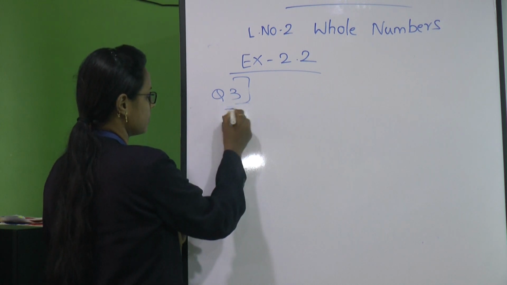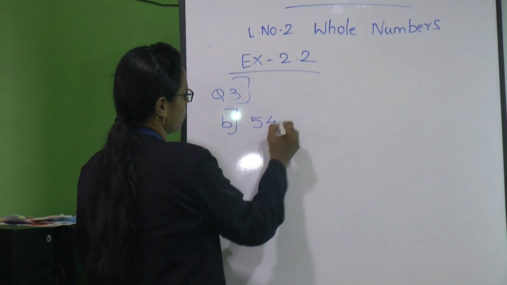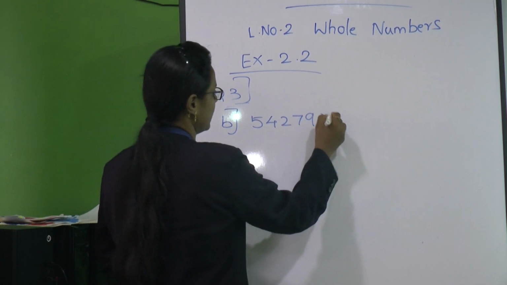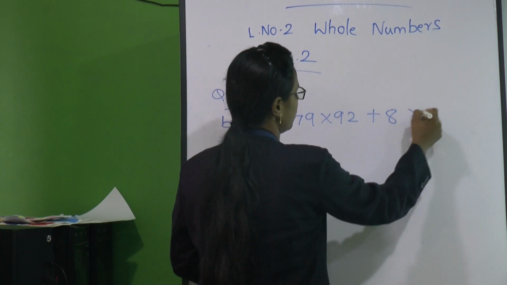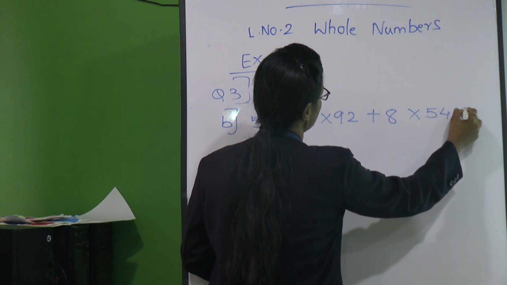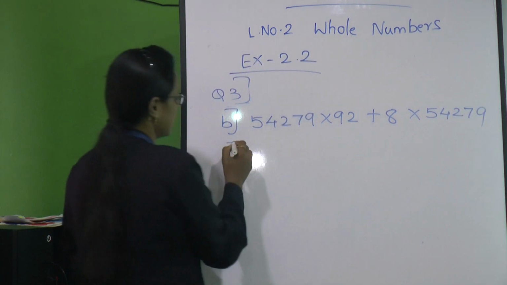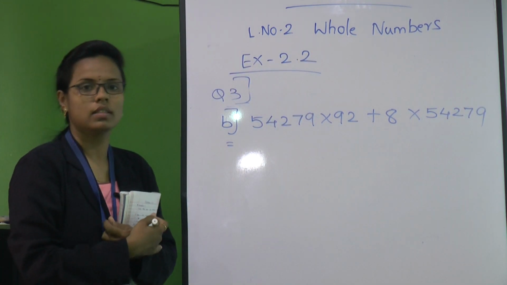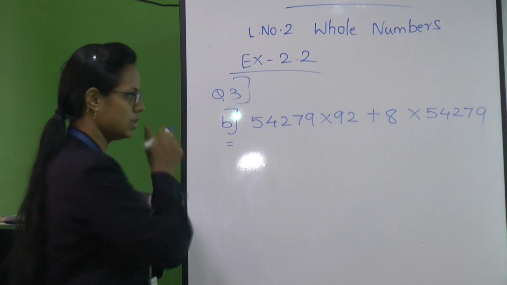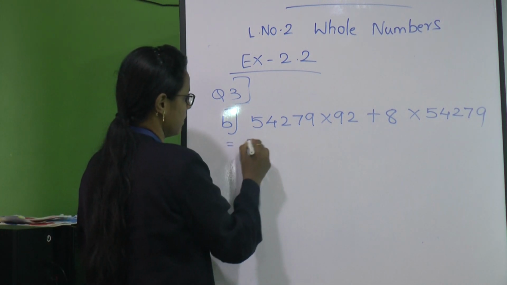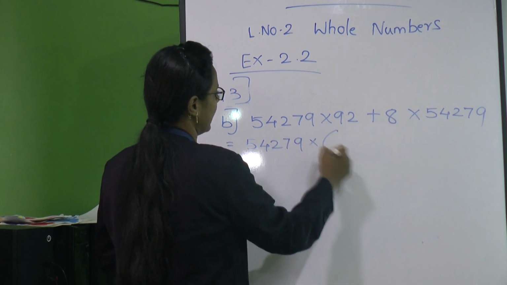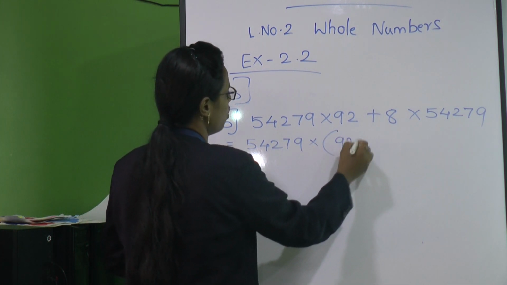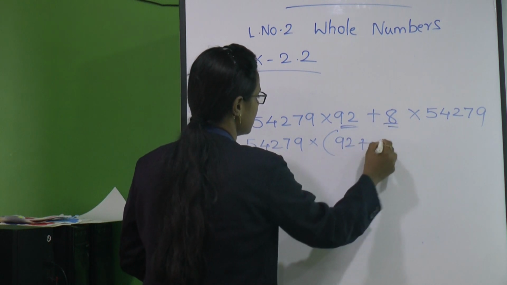See here. 54279 multiplied by 92 plus 8 into 54279. Again in this question we have the same numbers, so we will take it as common and in bracket the remaining numbers 92 plus 8.